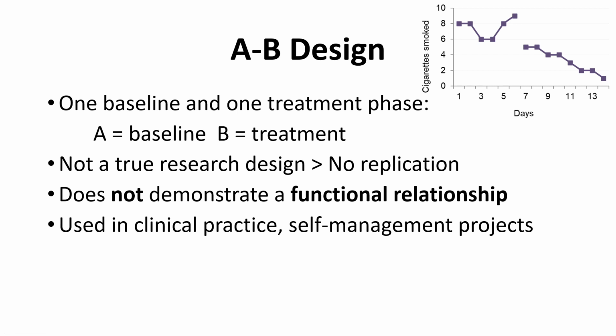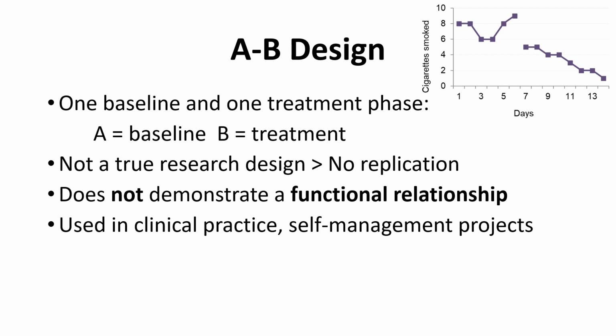So there are other things that might explain what's going on. So we can't assume that there's a functional or causal relationship here because we haven't shown enough evidence to say that that's the only explanation here. So if we can't rule out those confounding variables, then we can't say that there's a causal relationship.